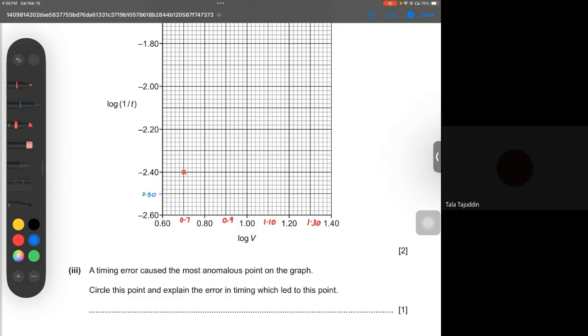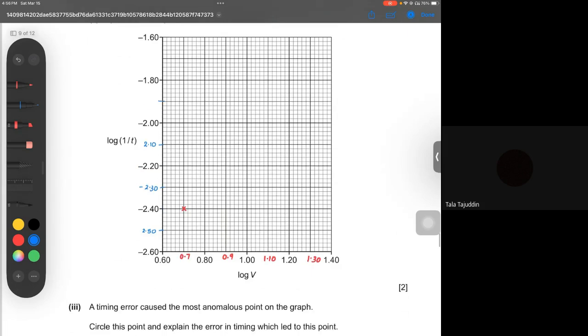If this is 2.40, then this would be negative 2.30. And this would be 2.10. This would be negative 1.70. No, it's not 70, it's 90. Then it would be 1.70.